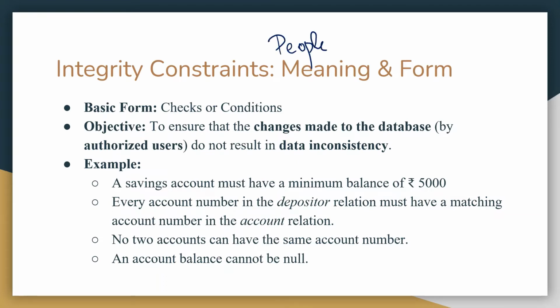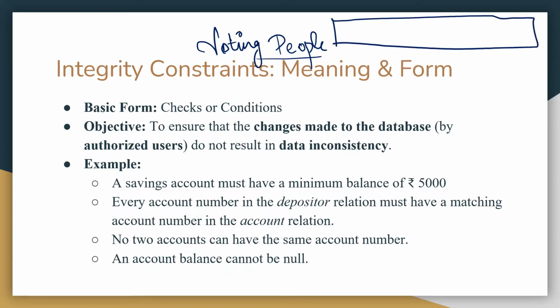Let's say we were creating the records of voting people. So the relational table could briefly comprise voter ID, name, and age, and city.